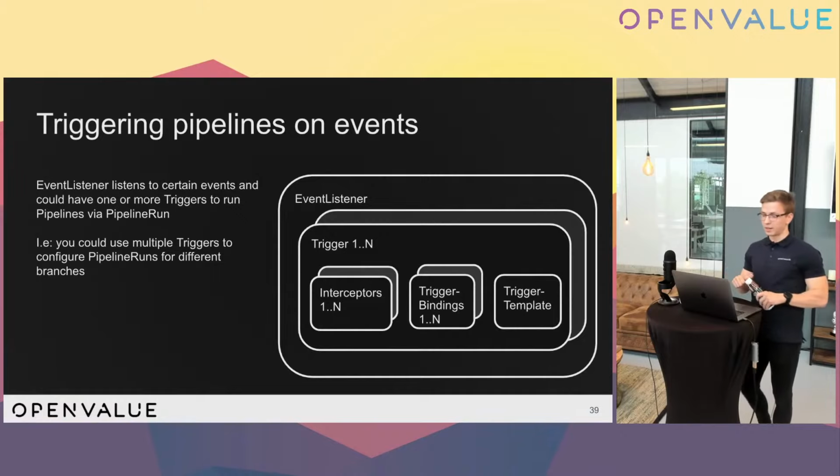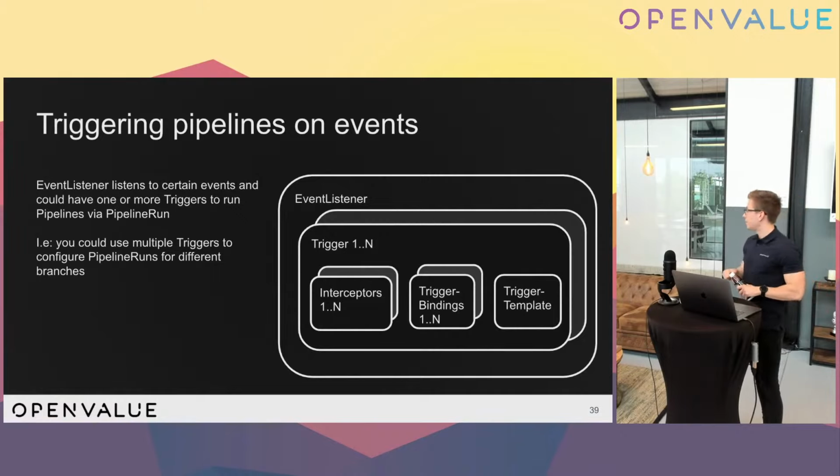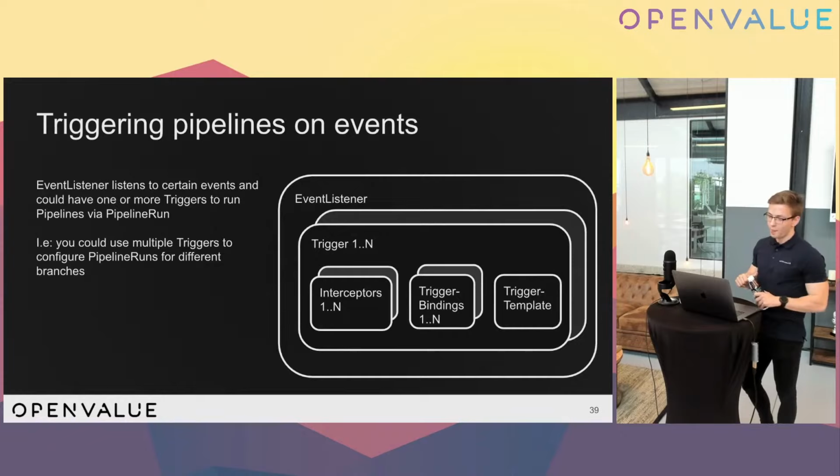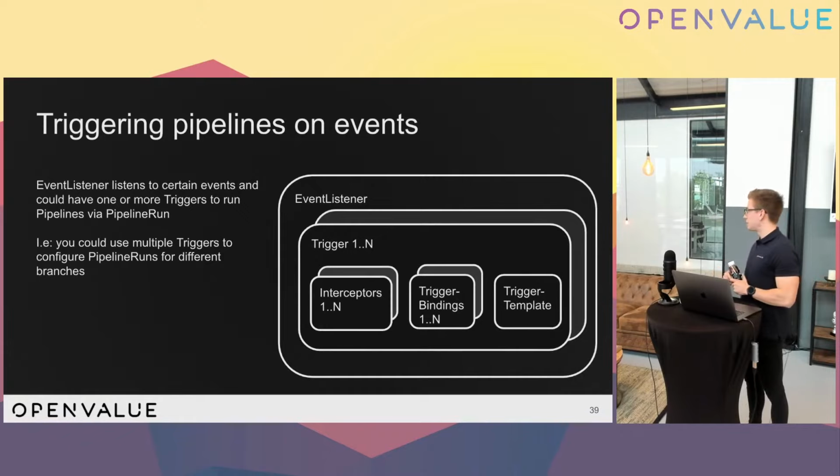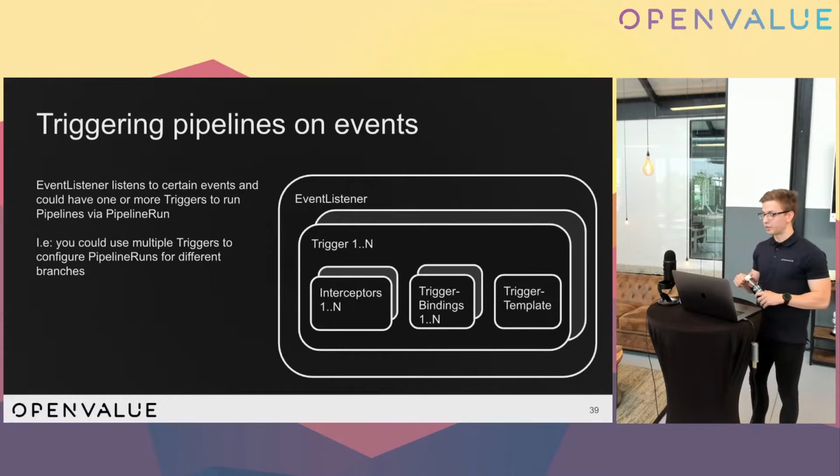So Tekton created something called an event listener. An event listener listens to events and allows you to trigger based on certain criteria. A trigger could have an interceptor where it checks, are you committing to the main branch, then trigger the pipeline, or use these parameters for the pipeline that you want to trigger.